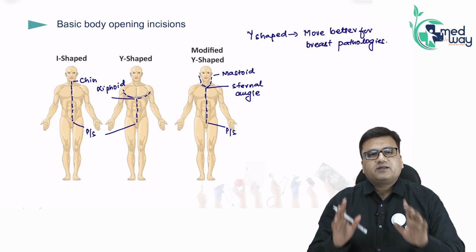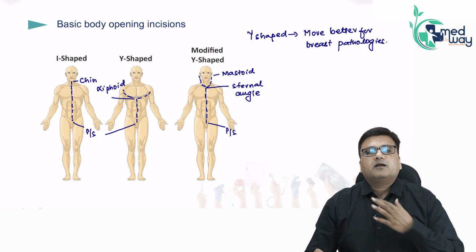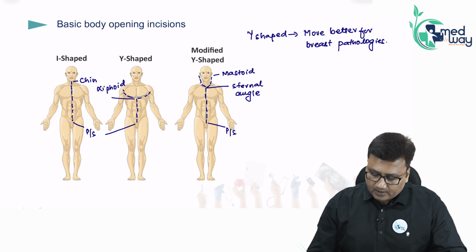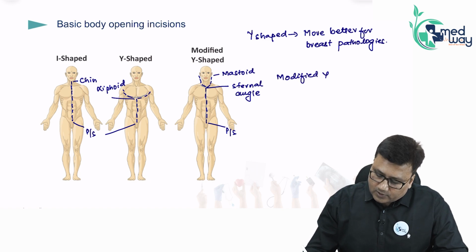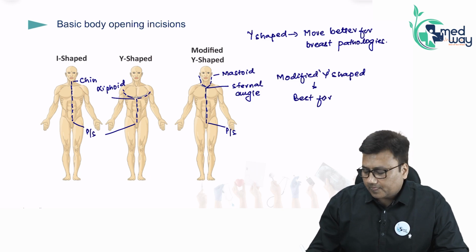Right, thus creating a Y around the neck. This incision, that is, modified Y shaped incision, is best for neck dissection.